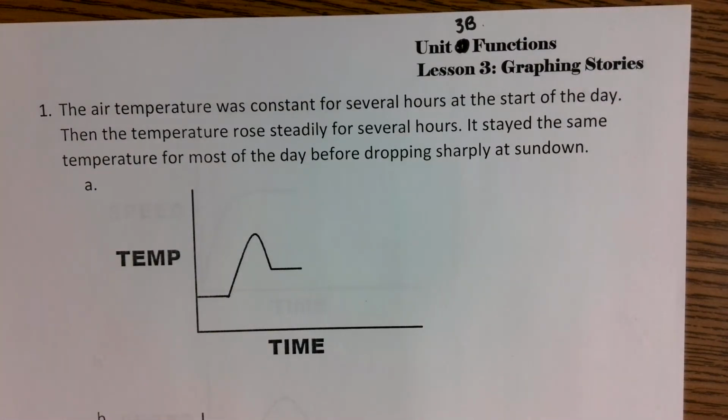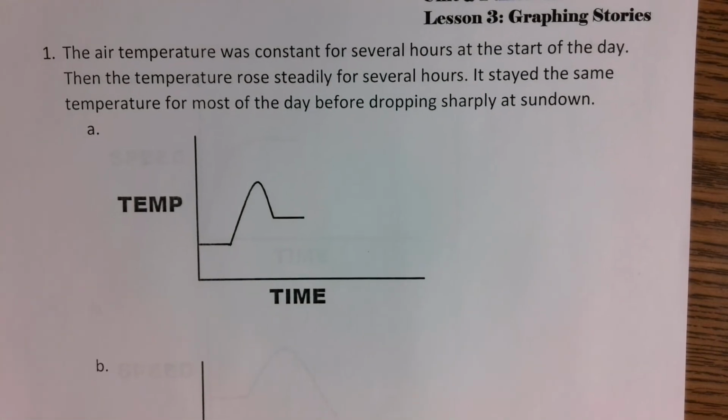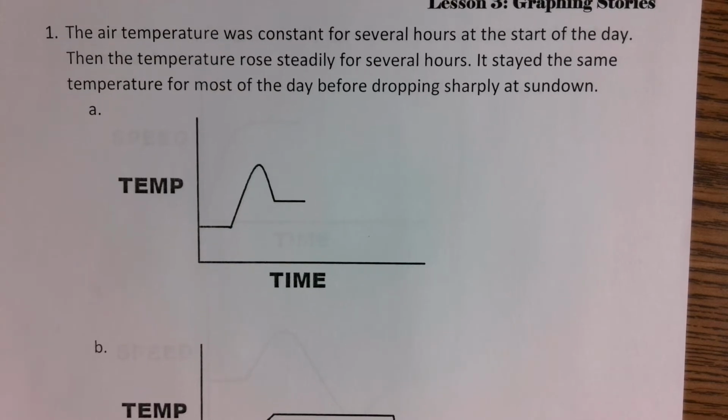So for today's learning target, the idea of graphing stories, that's what we're focusing on for today. It's the idea of being able to read a scenario and relate it to a function, a relation of some sort.